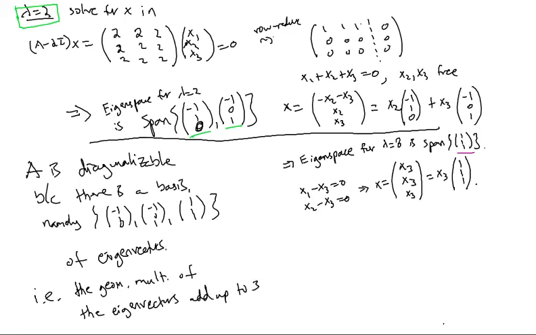So the geometric multiplicity is exactly the number of eigenvectors that span the null space. It's the dimension of the null space. This is geometric multiplicity 2, and this is geometric multiplicity 1. So if the geometric multiplicities add up to 3 or to n, then that means that your eigenvectors form a basis. So that means you have n linearly independent eigenvectors.